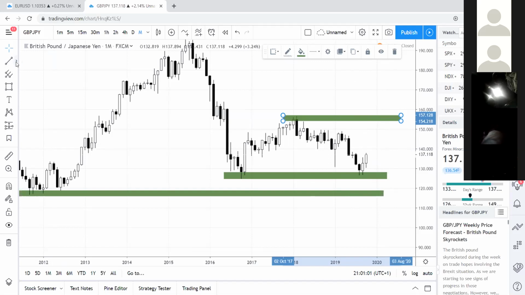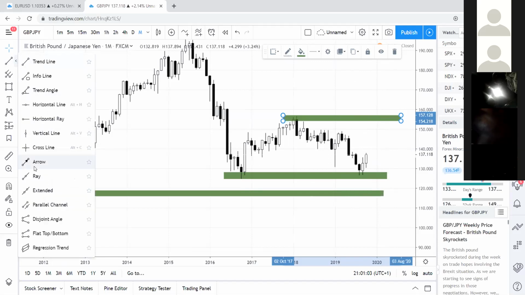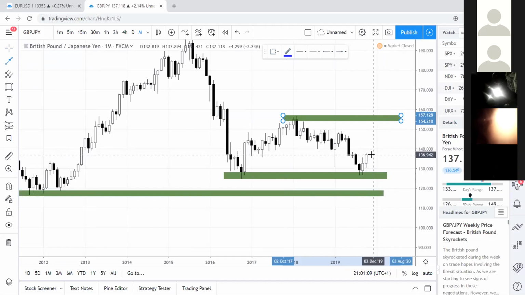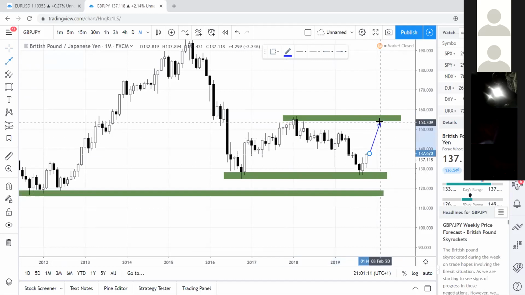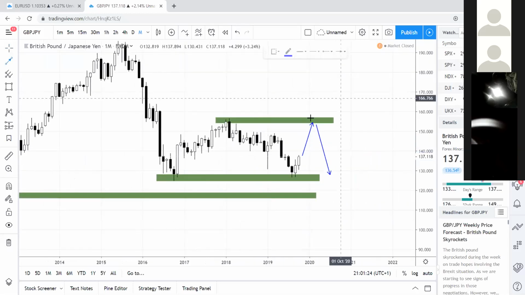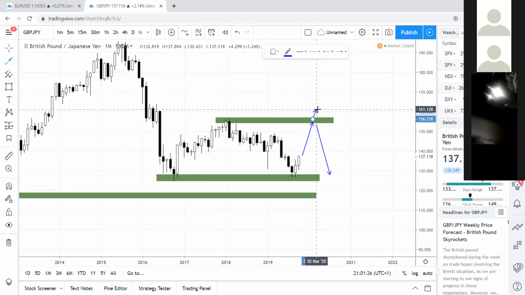Look at this. Now that this GBP JPY buy has started, this is a monthly time frame. Take note. So we are expecting it to go to this point. And what will happen is either it reverses, we are not sure, or it goes up, comes to say thank you.